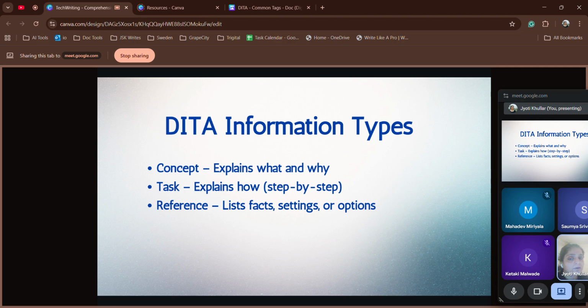There are different types of topics in DITA, predefined. There are concept topics, there are task topics, there are reference topics. We have done this kind of information structuring, and that template I've already tried to give you, but that is more generic. We have not put a lot of guidelines and rules in that particular structure, but I've given you a basic structure for how it will help you write or structure your content.